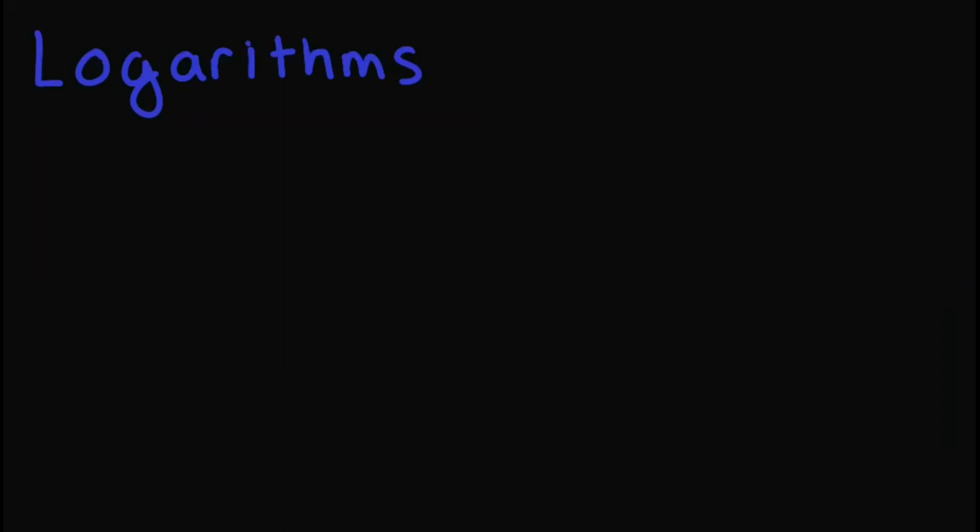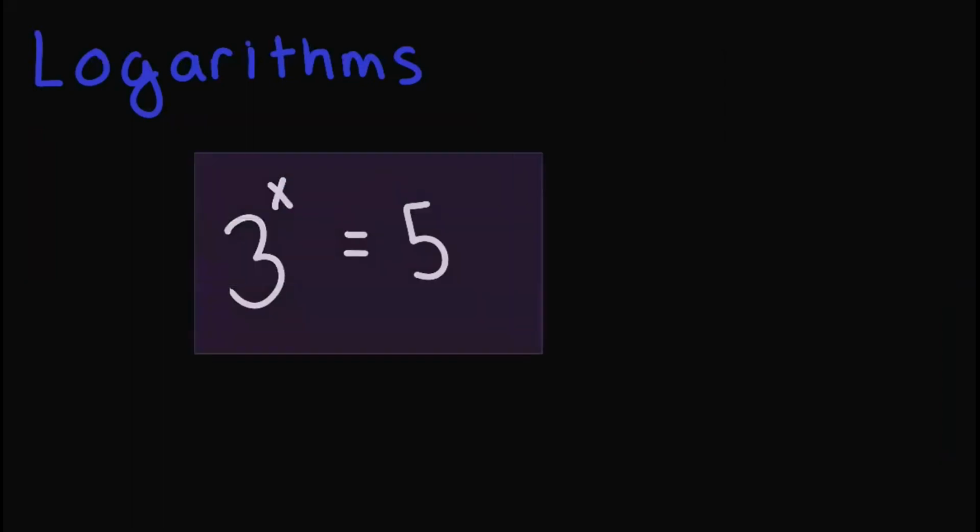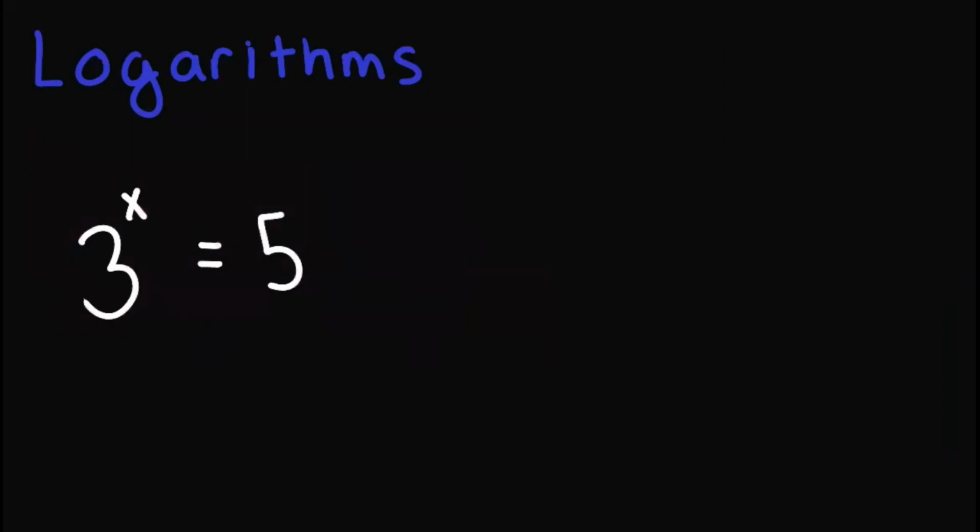Now, if we recall in our last video, we had this question on 3 raised to x equals 5. And if we are tasked to find x, applying our idea on exponential equations won't really be able to help since the bases out here are different.